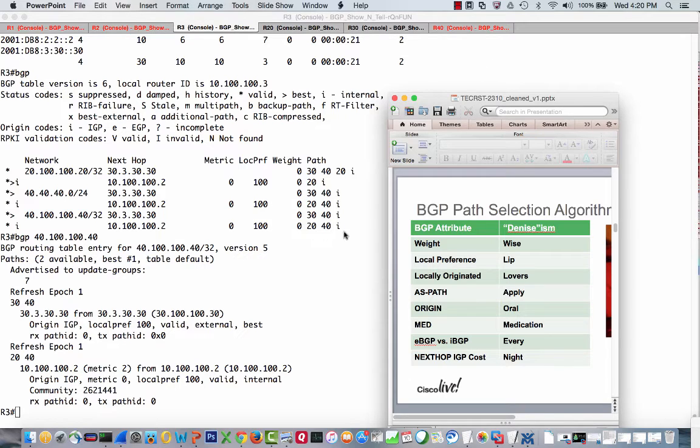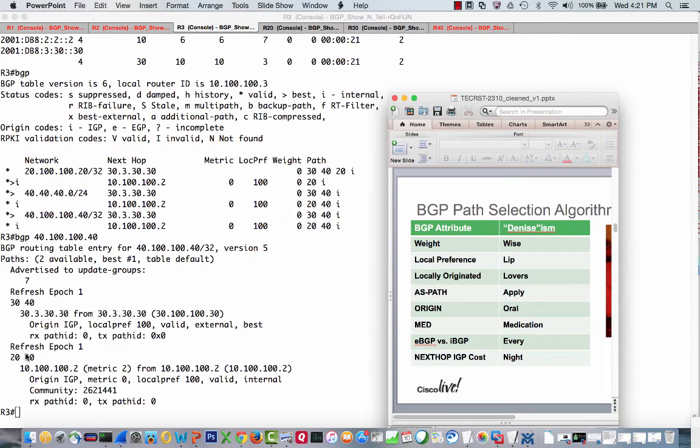So the weight is actually the same. You can see for both of them, the weight is actually a 0. Local preference for both of them is actually 100. Locally originated, we're going to actually skip that instead of me explaining it.